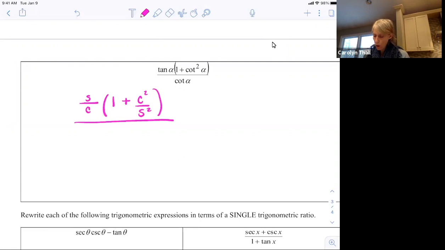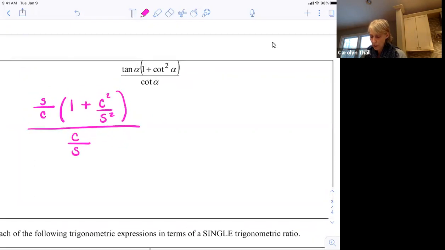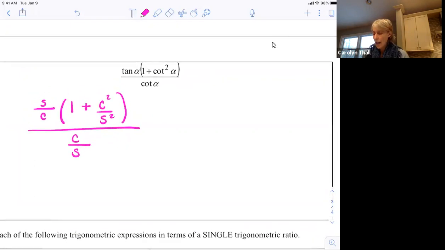And I'm all over cosine over sine. Well, let's see. There are a lot of different ways we can go. I think I might flip this up, right?